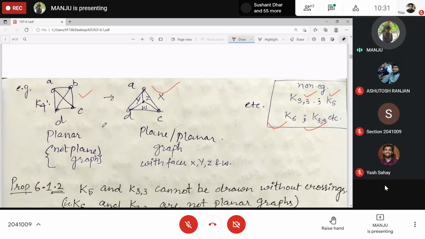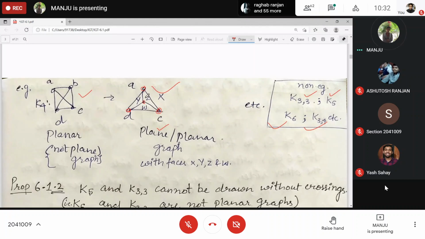Now, whenever you are drawing this planar graph as a plane, as a planar embedding, or you can just say plane part, this has some faces. 4 vertices it has. These are edges, you already know, and these regions are known as its faces.